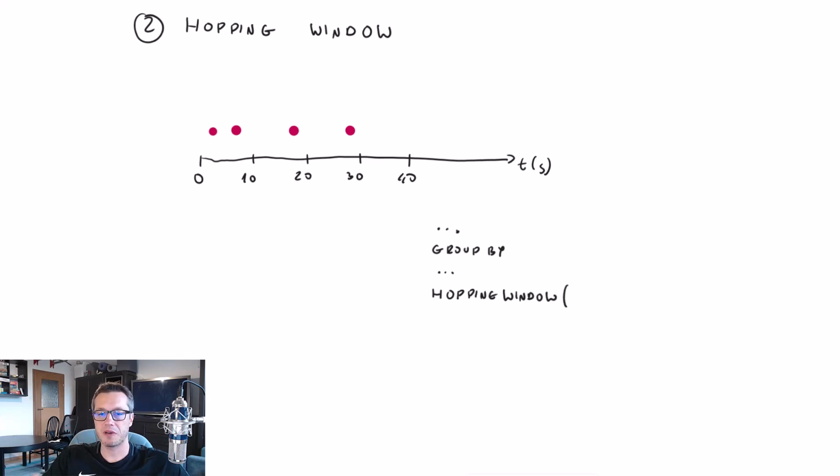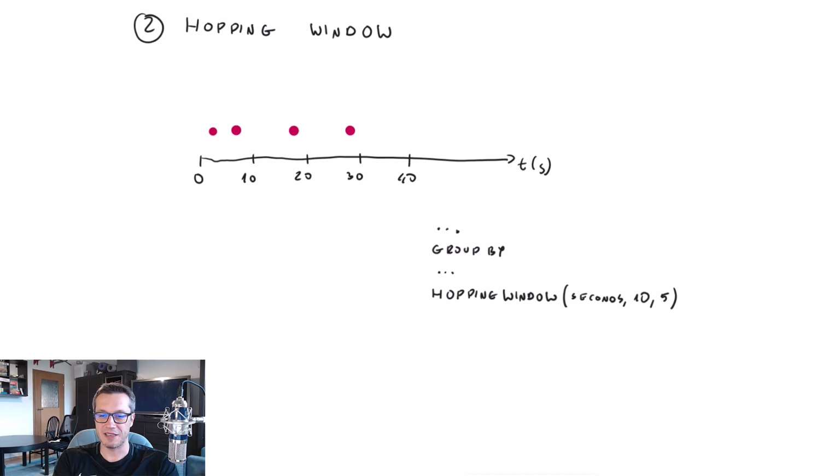And here we've got to provide 3 parameters. First of all, unit of time. Again, in our case, it would be seconds. Then we've got to provide a size of the window, let's say 10 seconds. And then finally the hop size, 5 seconds. Alright, but how would it look?